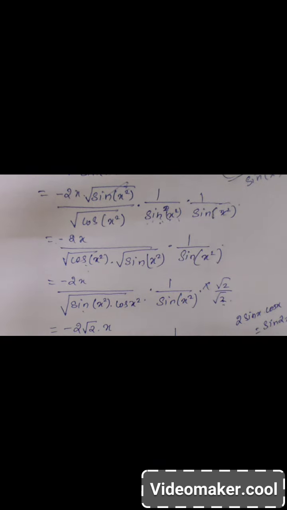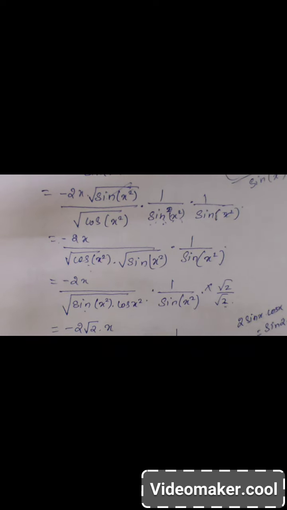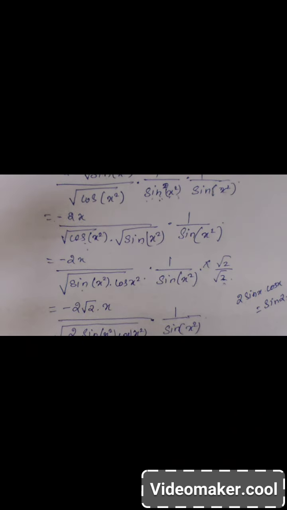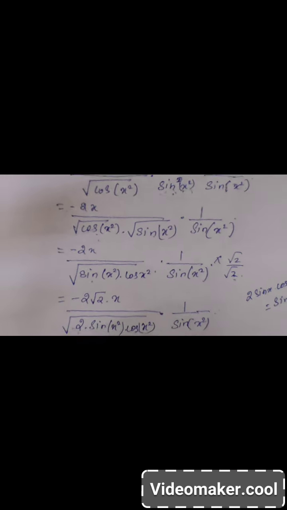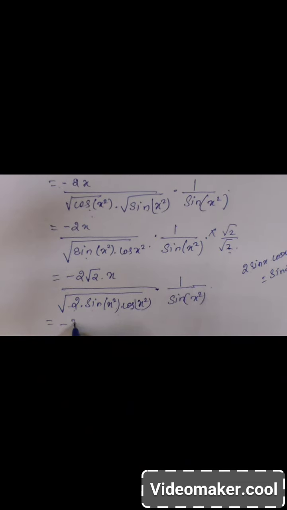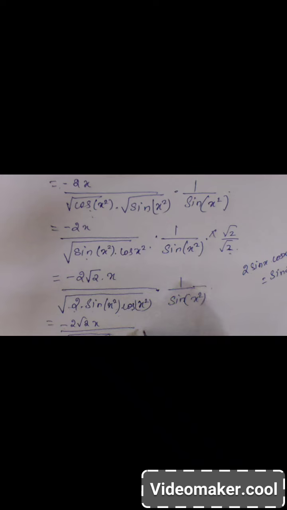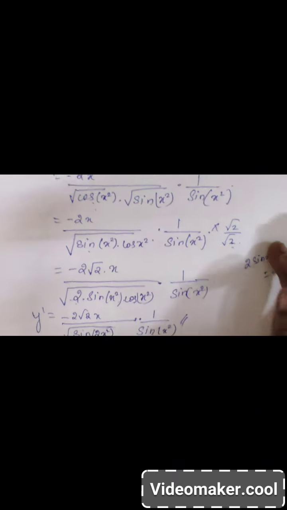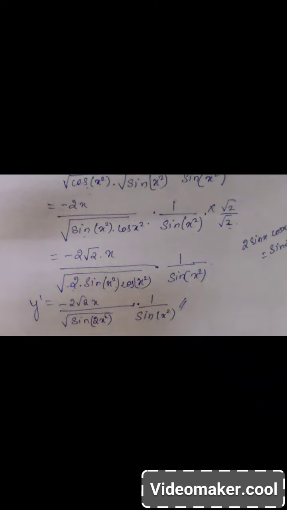Correct? So here we have 2 sine x square and cos x square, so we will replace the denominator. We get minus 2 root 2 x divided by square root of sine of 2x square, into 1 by sine of x square. So this is the derivative of the given function with respect to x.